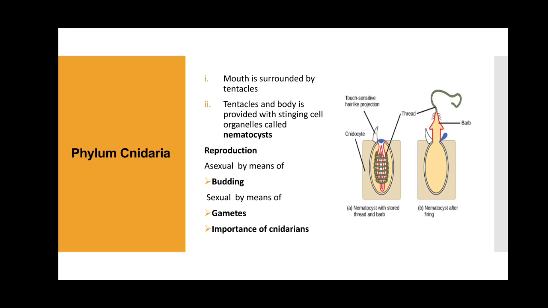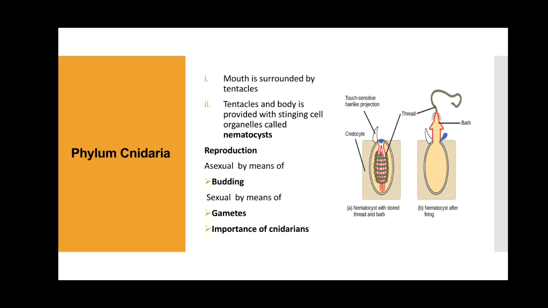Now, if we talk about the reproduction, both types of reproduction have been shown in the cnidarians. Asexual reproduction takes place by budding and sexual reproduction by the gametes. Cnidarians also occur in the form of colonies, and the units of the colonies are called zooids.